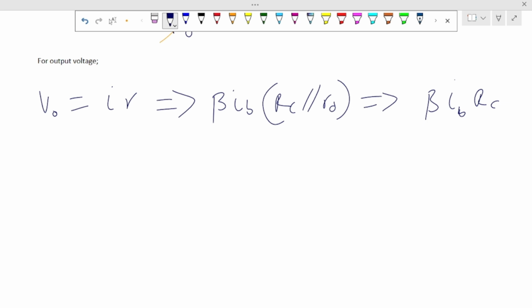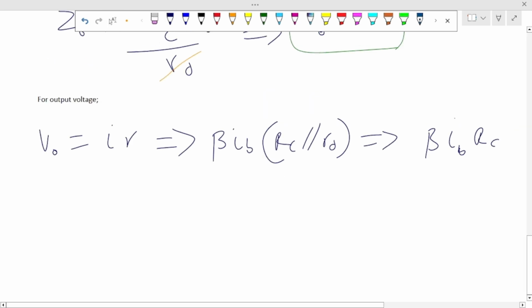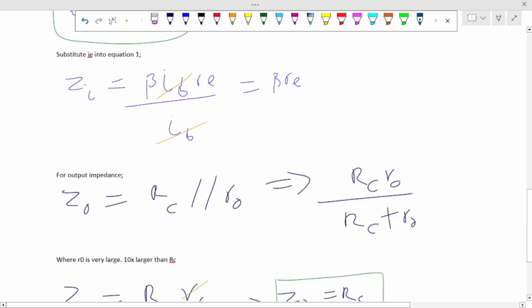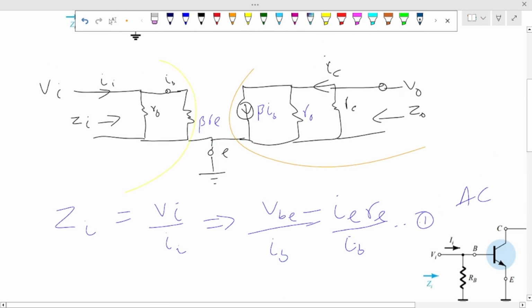Recall that we said something about the direction of current. This is the output current, so we are supposed to have it going out of the system. But since our arrow is drawn into the system, we will have a negative sign. I think I said this in the last video.